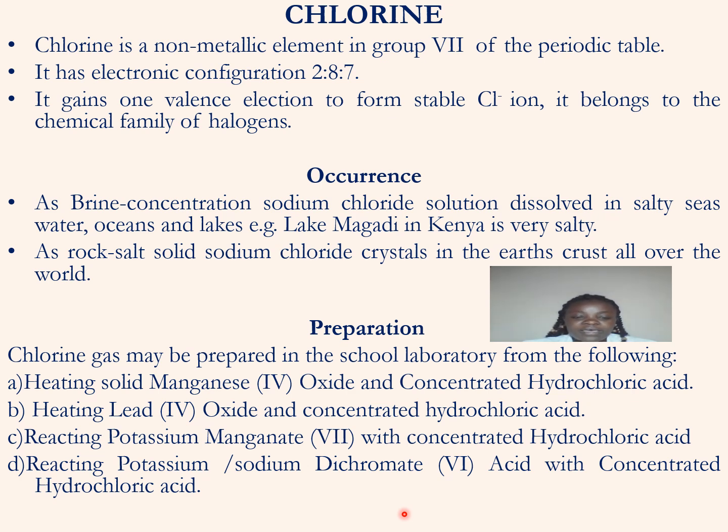The third method is by reacting potassium manganate(VII) with concentrated hydrochloric acid. Then the fourth method is by reacting either sodium dichromate or potassium dichromate with concentrated hydrochloric acid.